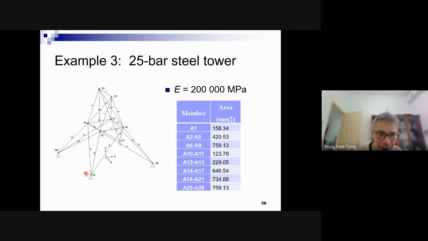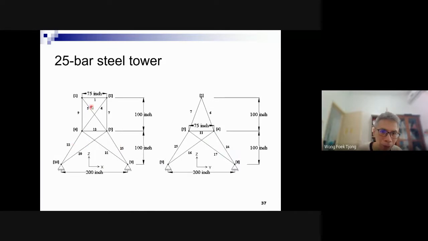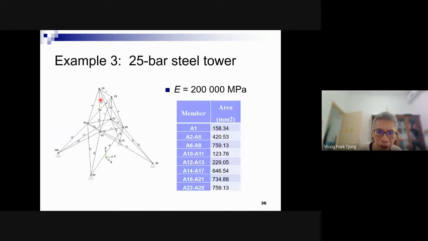The members, the numbering is not so clear. This is the grouping of the cross-sectional areas. We have members 1 to 25. The numbers are in here. We have number 1. Where is 2? Member number 2, I cannot see it here. Here, 2, the diagonal. Okay, 3. So this is member number 1.